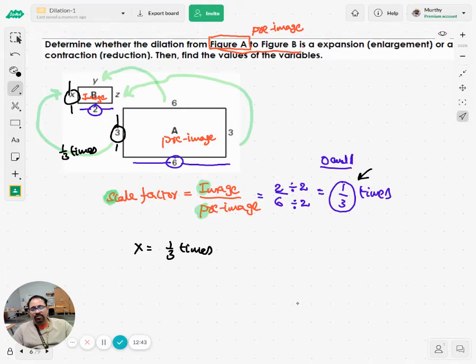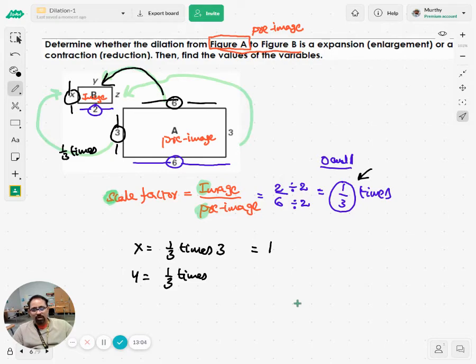I see 3 here, so 1 over 3 times 3 gives me 1. y equals 1 over 3 times the corresponding side, 6.